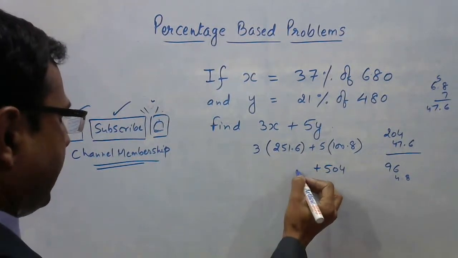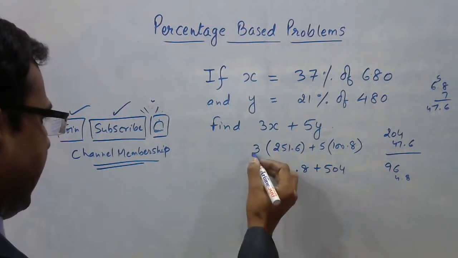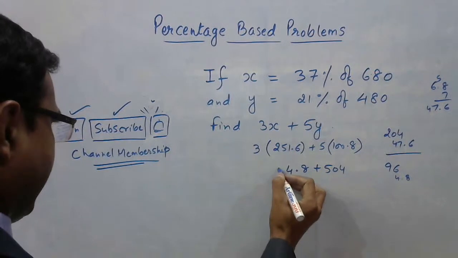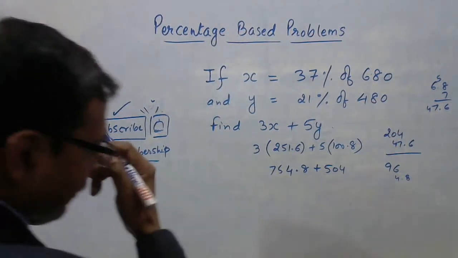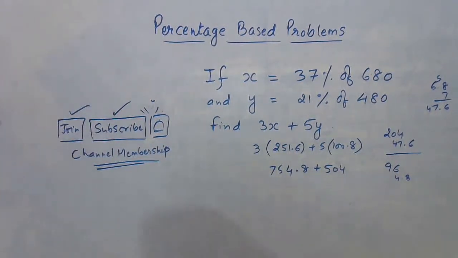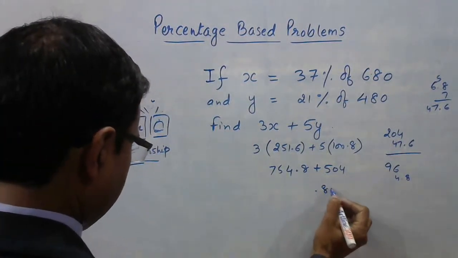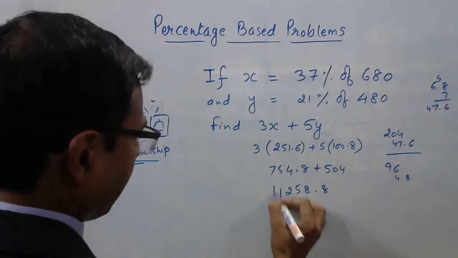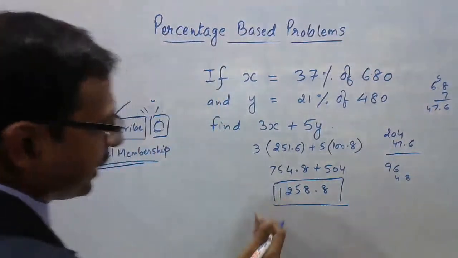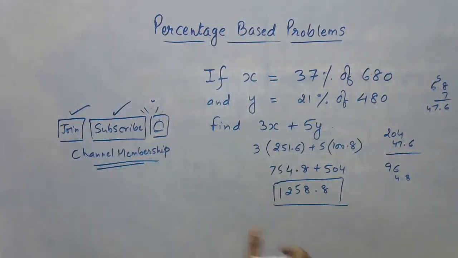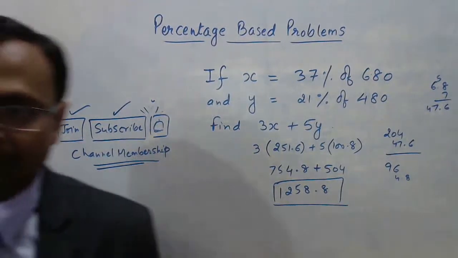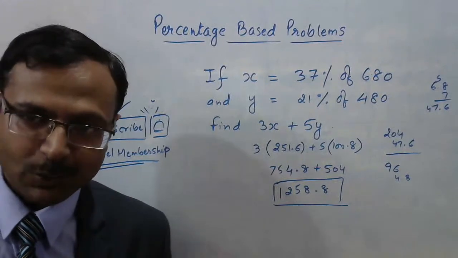You get 754.8. Then 754.8 and 504 are to be added together to get the answer, which will be 1258.8. Okay, I hope I am correct. If I'm not correct, you can rectify me just like you have done in the first question. So 1258.8 is the answer I was expecting, and I'm glad so many people have answered that 1258.8.